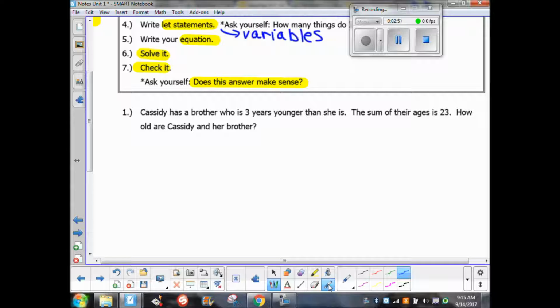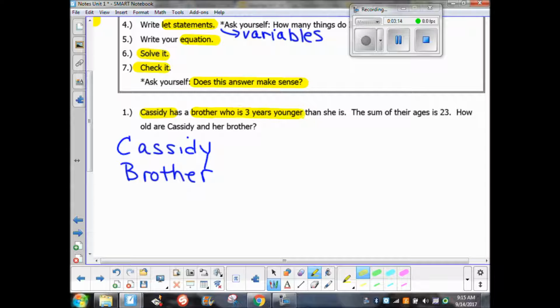Yeah, Cassidy's the oldest. And her brother is 3 years younger than she is. So we've got information about Cassidy and information about her brother. It says the sum of their ages is 23. How old are Cassidy and her brother?